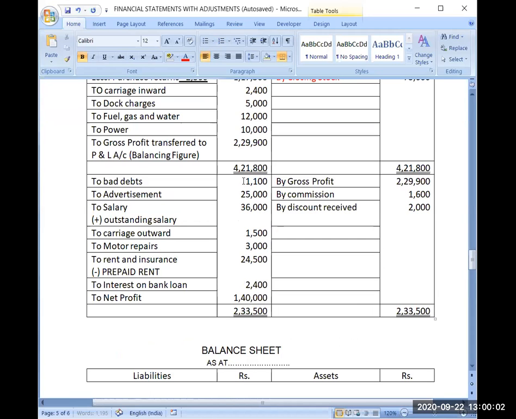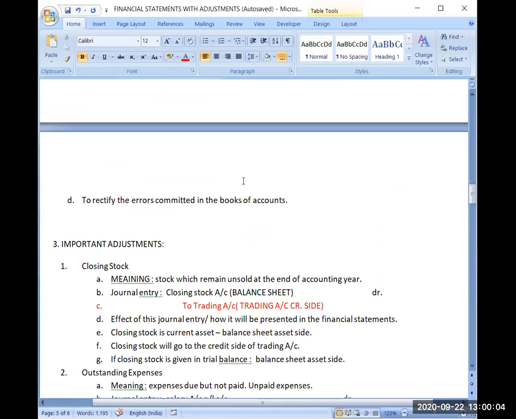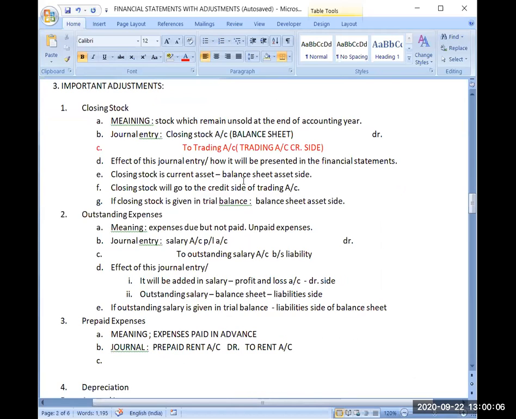Clear? So please revise these adjustments, concepts and rules again.